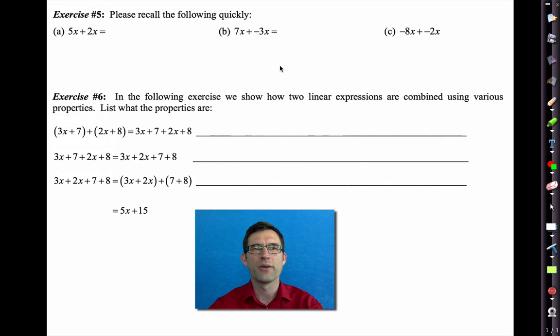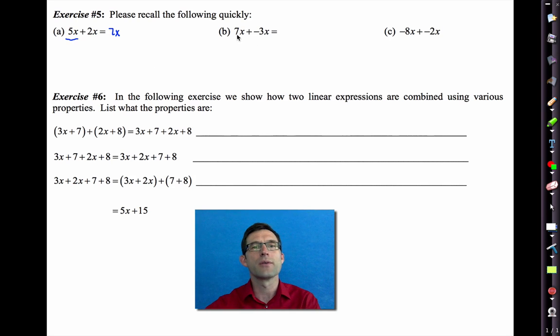All right, let's go through it. Again, we're going to be looking at a more formal basis for how to do this eventually, but really it boils down to this. 5x's really means that you've got x plus x plus x plus x plus x. I think I did enough. And 2x means that you've got 2x's. So obviously if I've got 5x's and I add 2x's, I end up having 7x's, right?